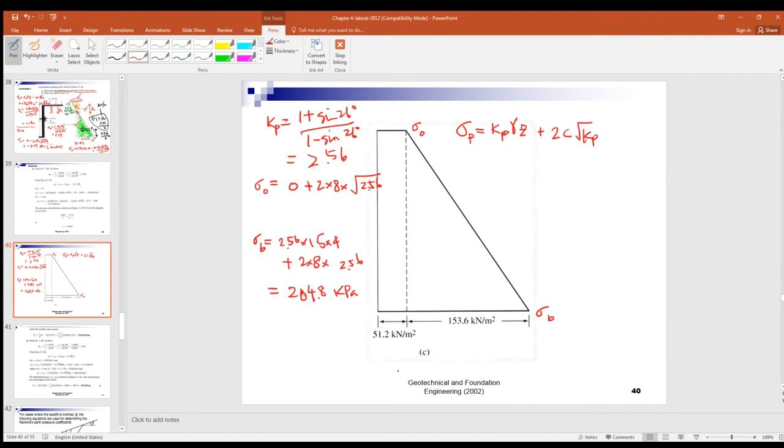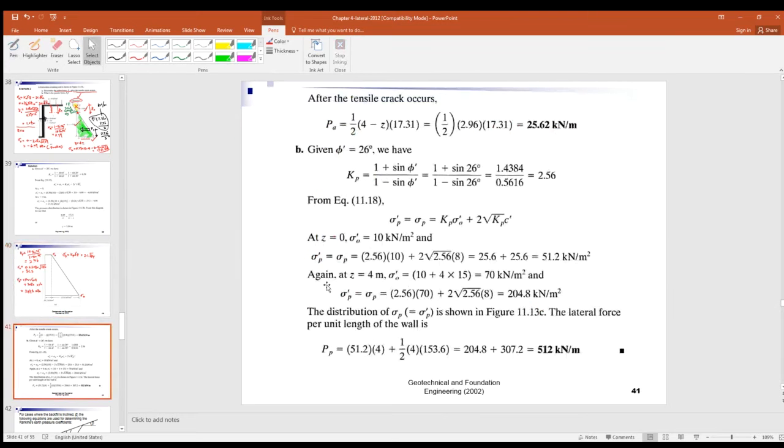Okay, and sigma naught at the top equals to 51.2, right? Sorry, here it should be C equals to, at the top.